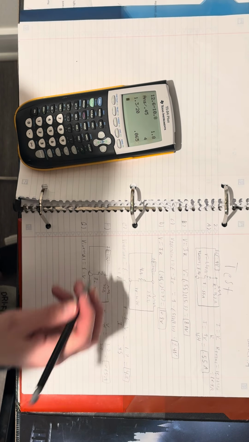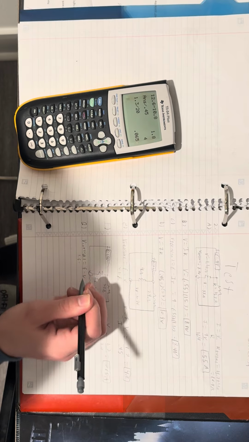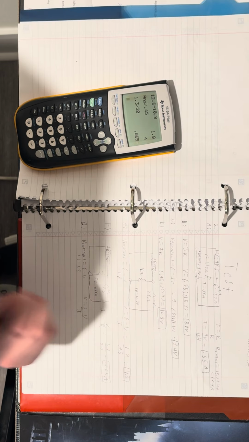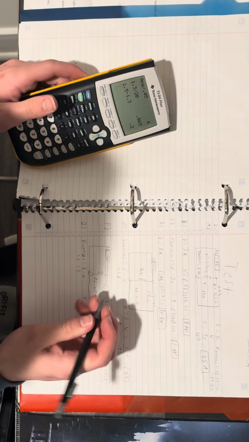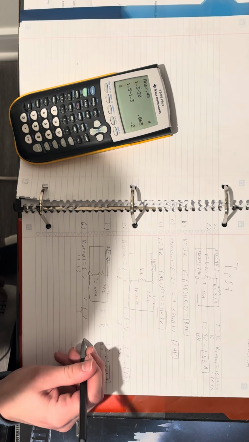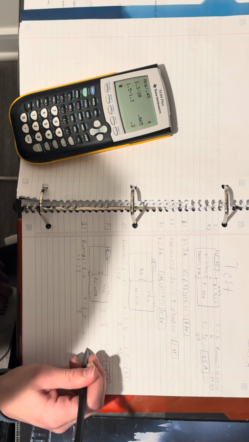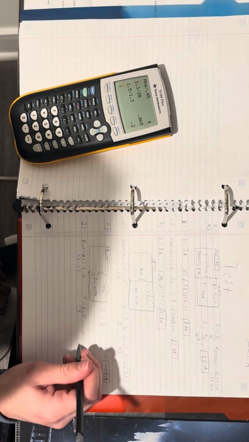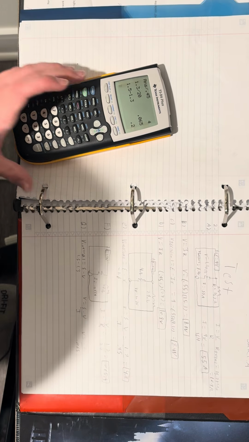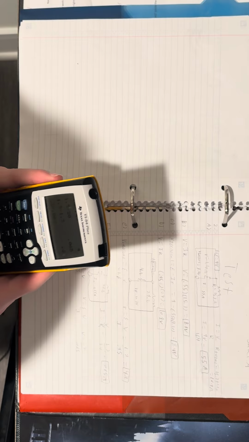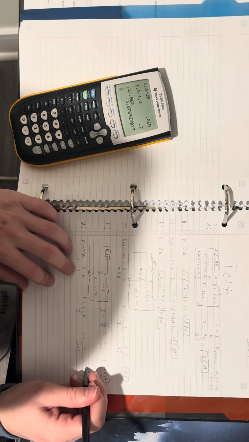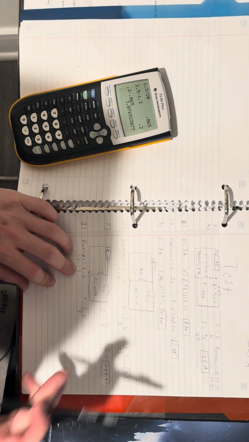which is going to be 1.5 minus 1.3, 0.2 over 0.065. 0.2 divided by 0.065 gives, sorry, I wrote a V here.